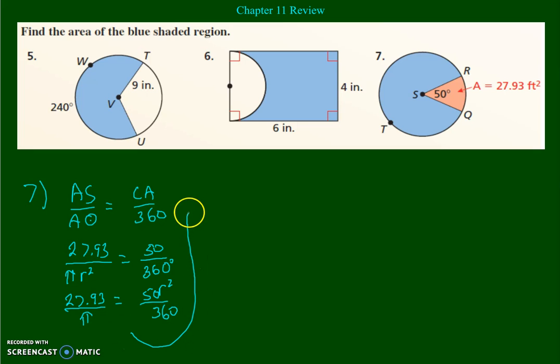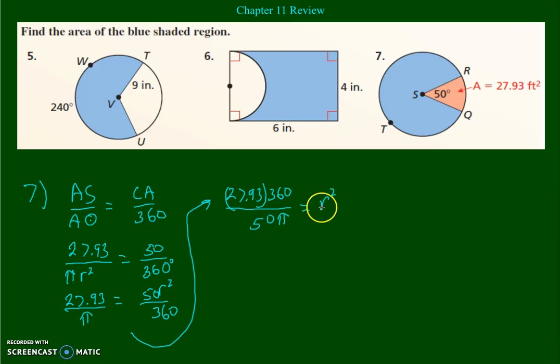So let's go ahead and go back up here, and we get 27.93 times 360 over 50 pi, because we divided by 50, equals r squared.